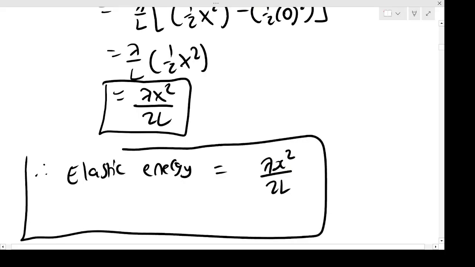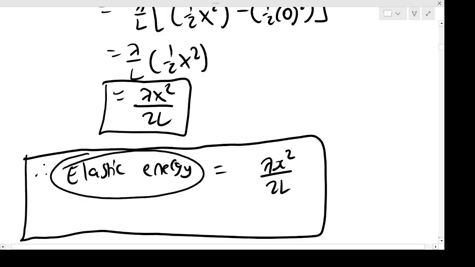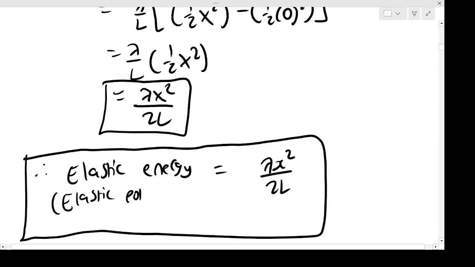Okay, that's the formula here. We also call the elastic energy, more formally, elastic potential energy, or EPE for short. So that's the formula here.